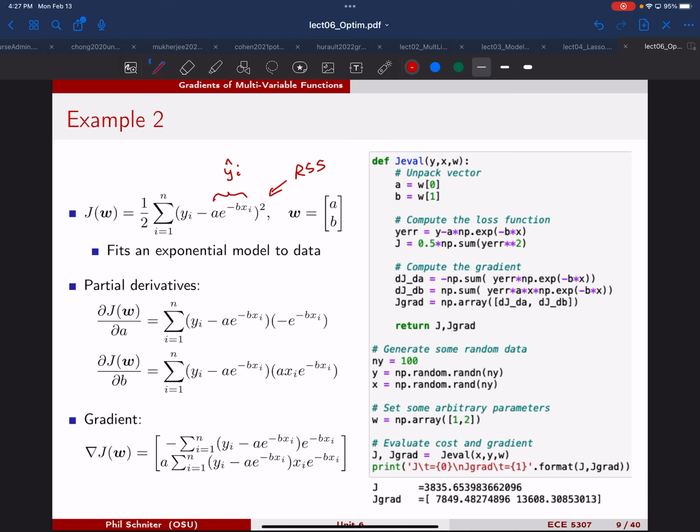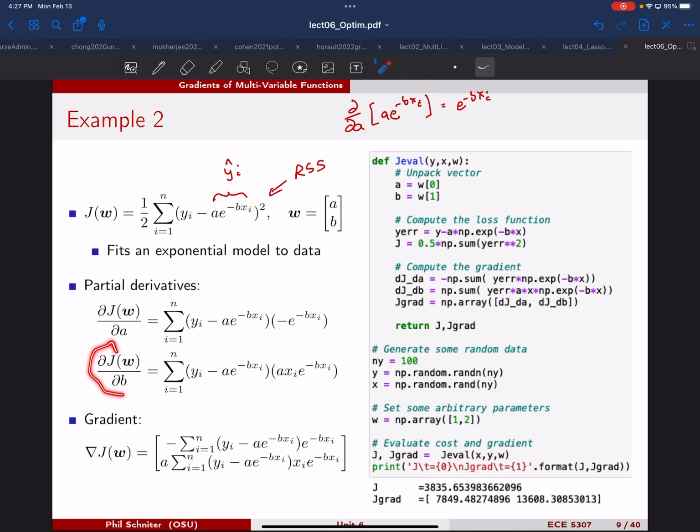The important thing to see there is d/dA of a e^(-b xi) is just e^(-b xi). And so that's how we get this expression. Here the 2 came down and it canceled the 1/2. And then we have this thing, and then we have the gradient of this, which is here.